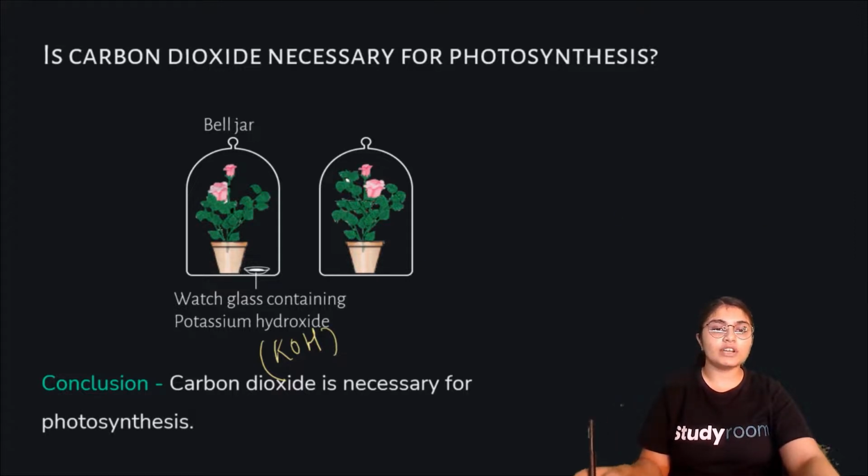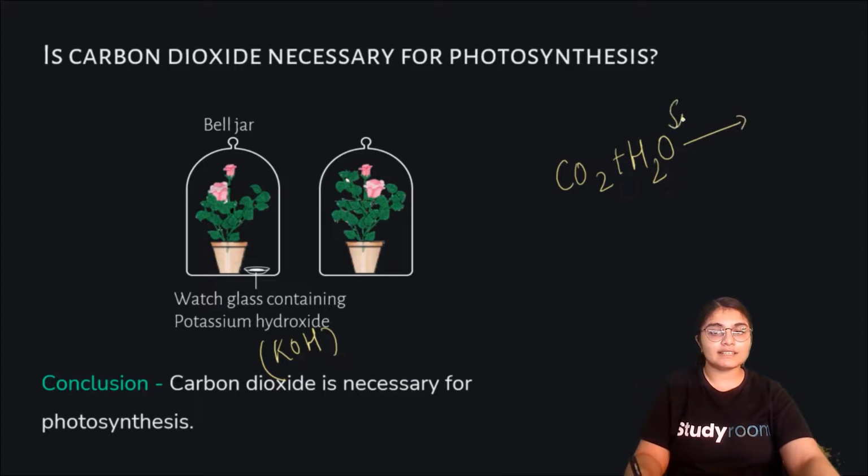So what we can understand is that KOH, this potassium hydroxide, is a good carbon dioxide absorber, so it absorbs all the carbon dioxide inside the bell jar. For photosynthesis we need two very important components: carbon dioxide plus water in the presence of sunlight and chlorophyll.